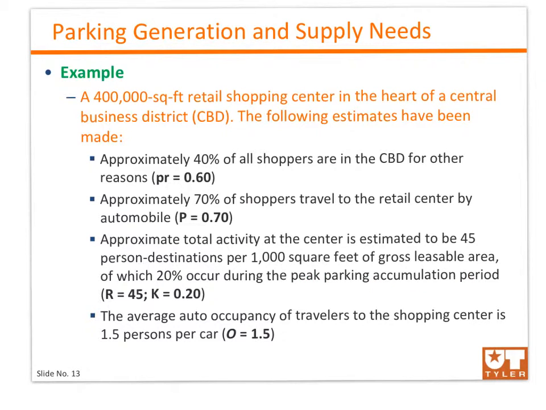So if you look at the definitions we just made, R is 45, which is 45 person destinations per 1,000 square feet GLA, and 20% occur during the peak parking accumulation period. So 20% of the people come at that period in particular, and 80% come at other times. So K is 0.2. And then the average auto occupancy of travelers to the shopping center is 1.5 persons per car. So every car that arrives at the shopping center has on average 1.5 persons.